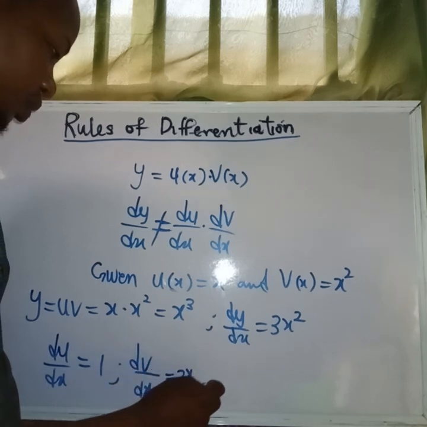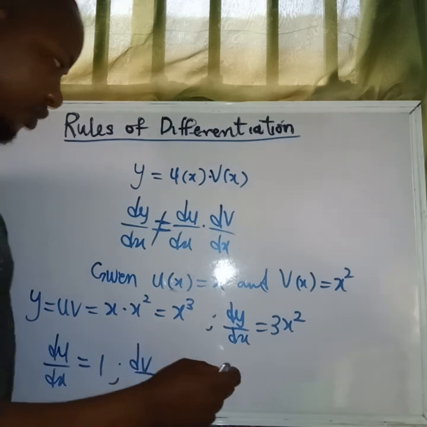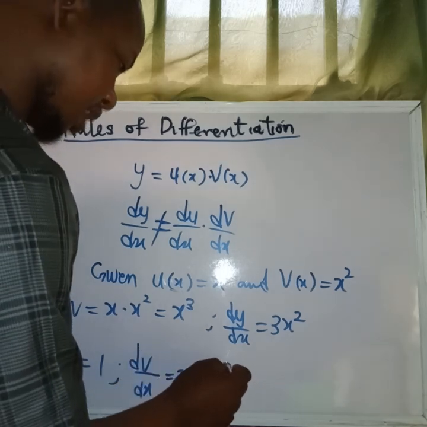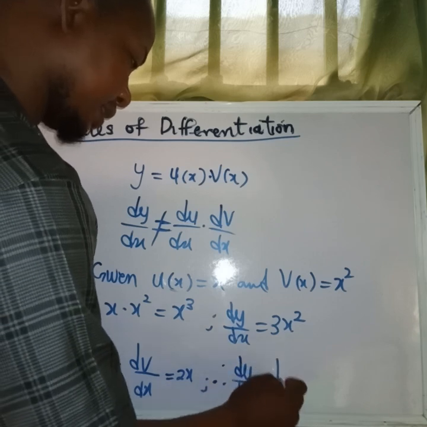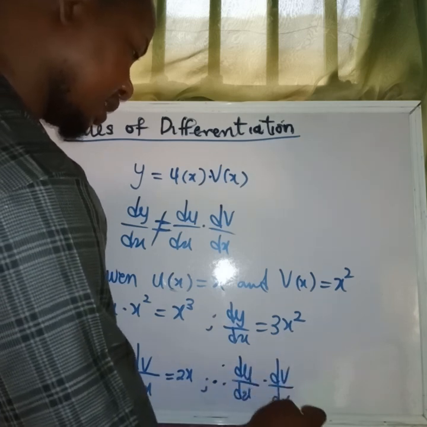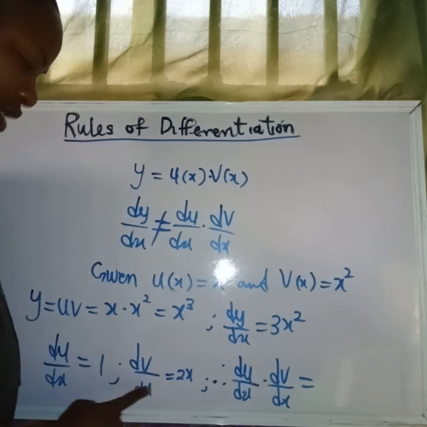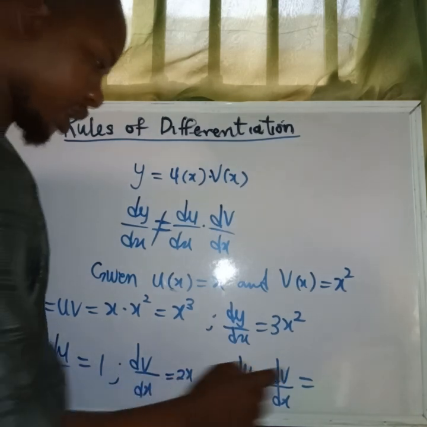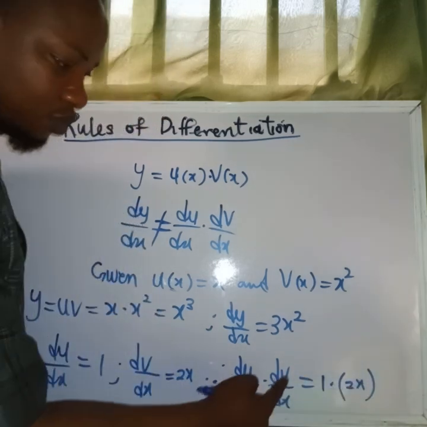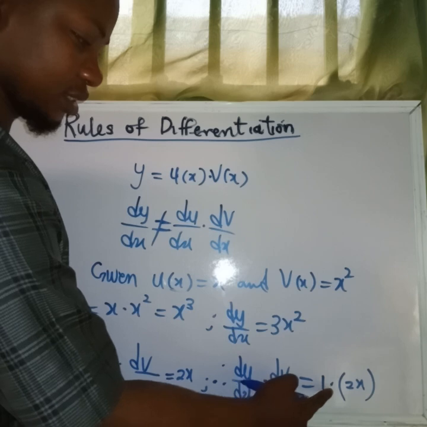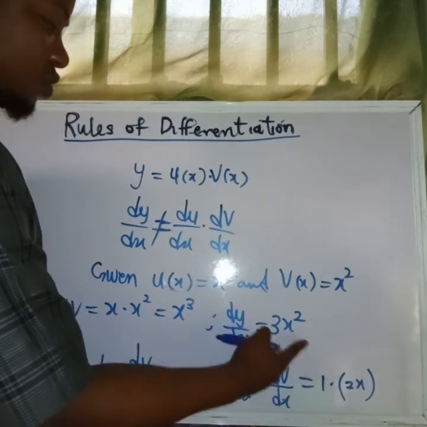Let's see whether the product of these two also gives us the same. So du dx multiplied by dv dx, where du dx is 1 and dv dx is 2x, gives 2x, which is not equal to 3x squared.